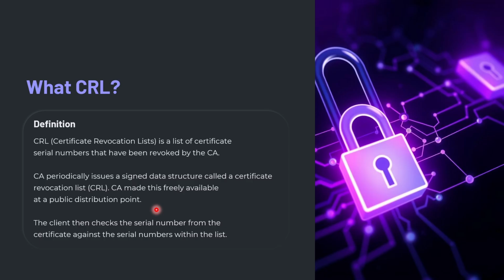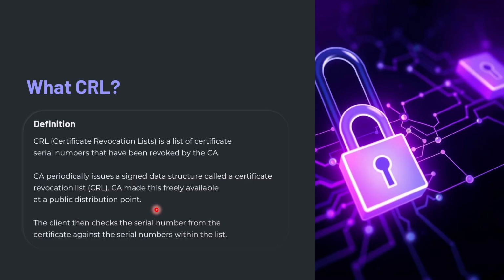So what does it mean? Suppose I'm accessing the google.com site. Whenever you check the certificate of that site and navigate to the details of that certificate, you can find some distribution points.